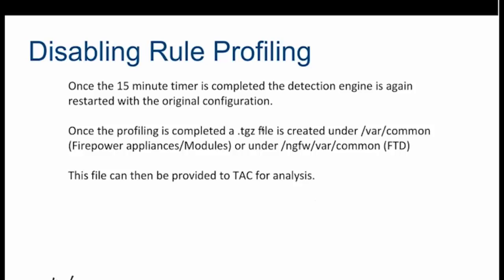After the 15 minutes, the detection engine will restart again, and whatever the configuration was earlier will be reverted back. And a file will be created in the var common directory with those log data.